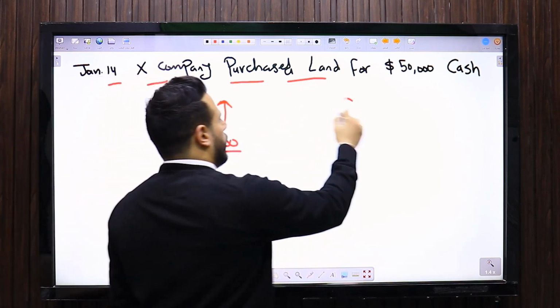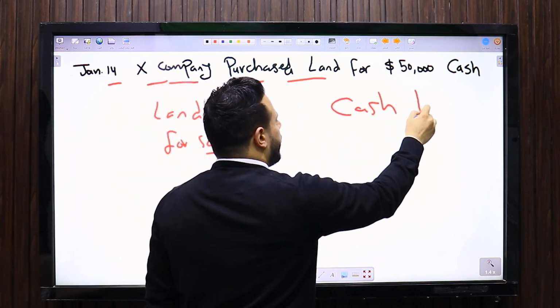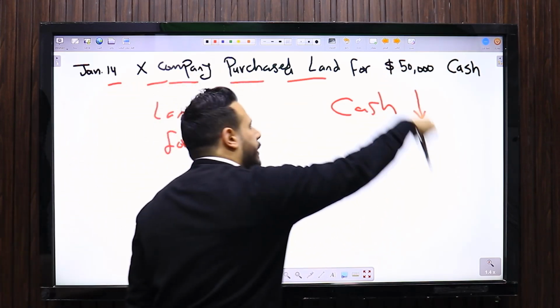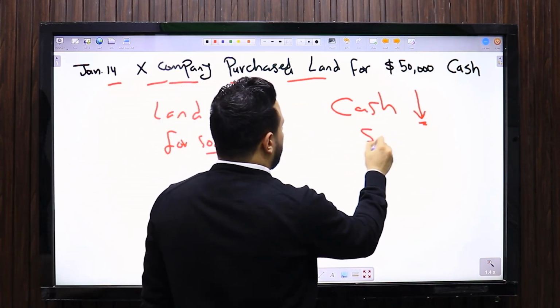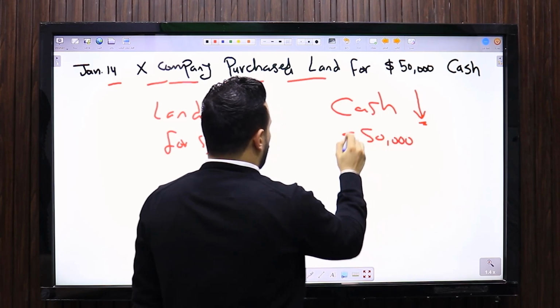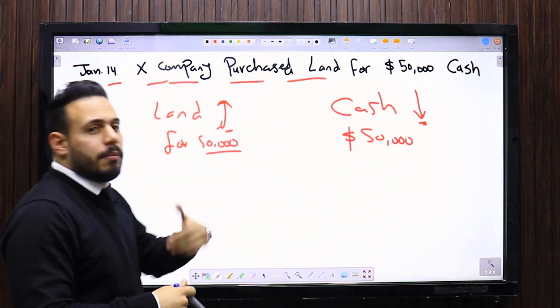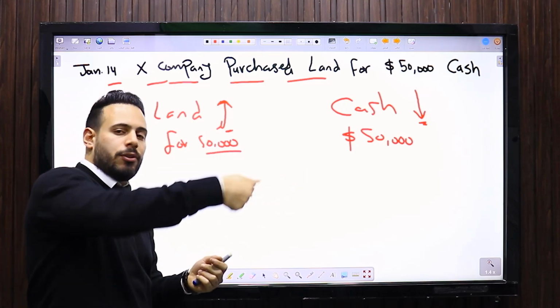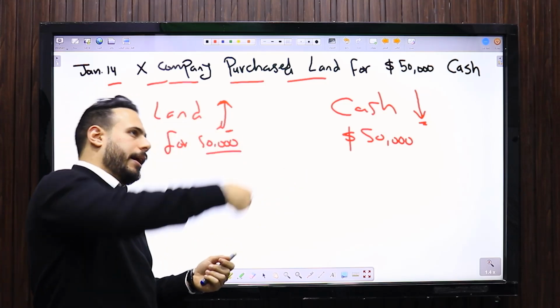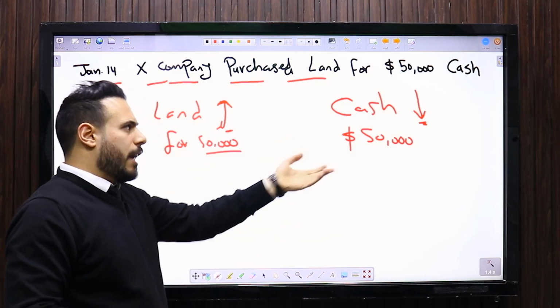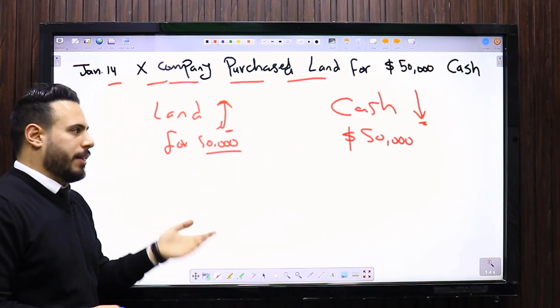Land increases and cash decreases by $50,000. Why will the cash decrease? Because if I bought something, I paid cash. If I pay cash, the cash will decrease.